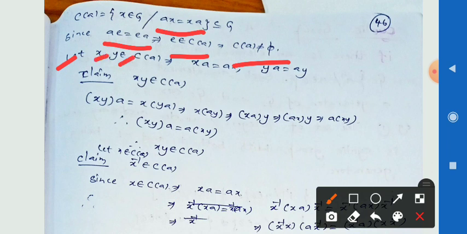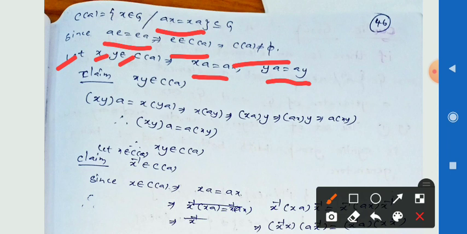This is the commutative property, and yA is equal to Ay is also the commutative property.